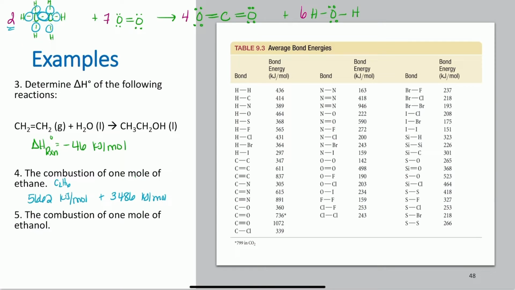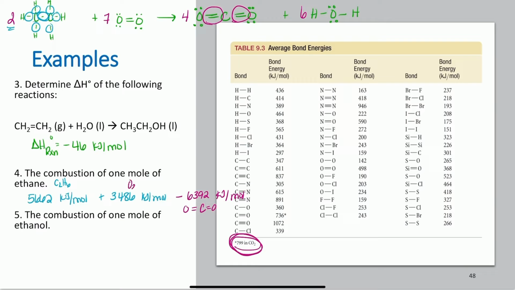For CO2, I've got 2 CO double bonds, but note it's 799 in CO. That's for each bond. So that means 2 times 4, 8 times 799 is negative 6,392 kilojoules per mole. So this is for CO2. This is for O2, sorry, I'm thinking about your product.